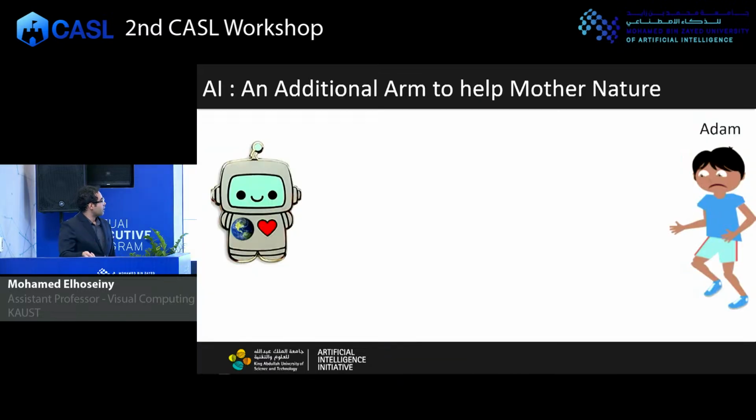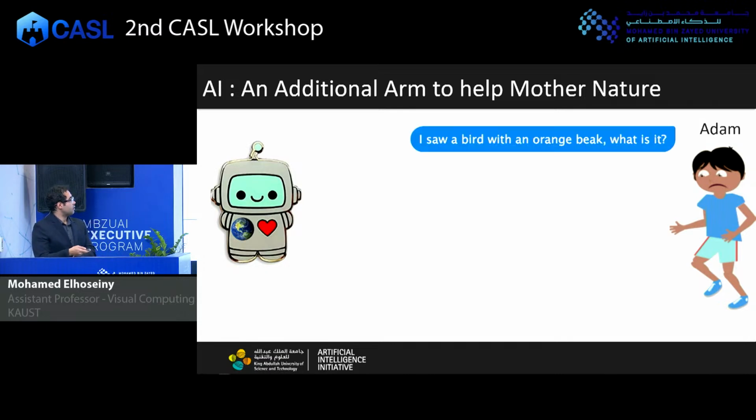So imagine that we are interacting with this bot that loves the environment, and we tell it, hey, I saw a bird that has an orange beak, and I want to ask the AI bot to tell me what this bird could be.